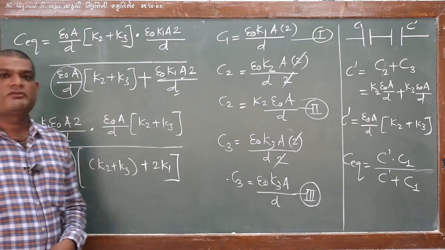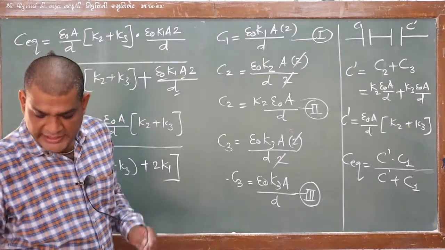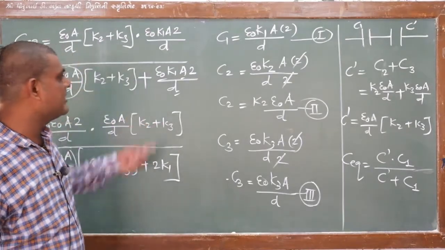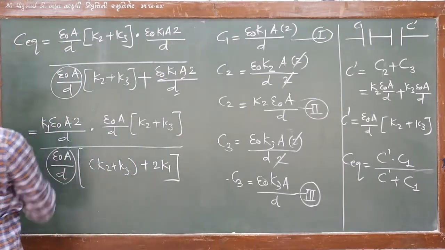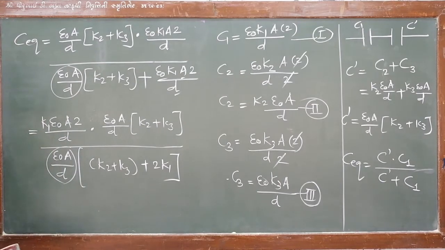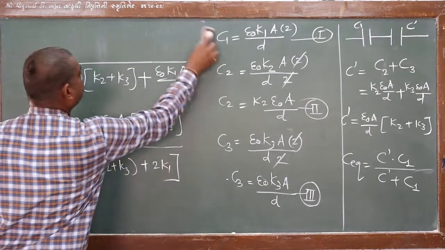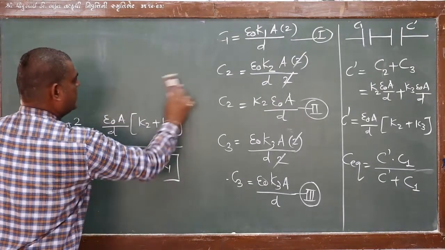Okay, the next question we are going to see, that you can take as homework. It is a similar question, that's why. Copy down this. You can solve the last step, na?